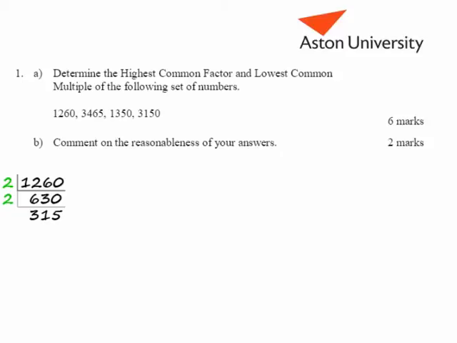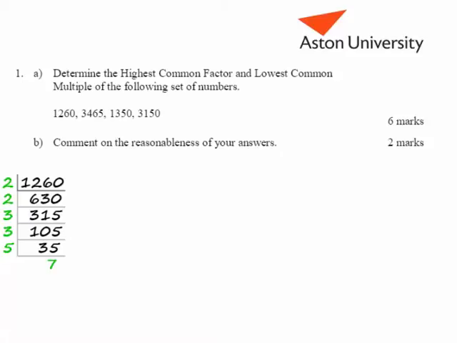That's not divisible by 2, but it is divisible by 3, so we divide by 3 and we get 105. That's also divisible by 3, so we'll divide by 3 and we get 35. That 35 is not divisible by 3, but it is divisible by 5. Divide by 5 and we get 7. 7 is a prime factor, so that means we've now identified all the prime factors of 1260.